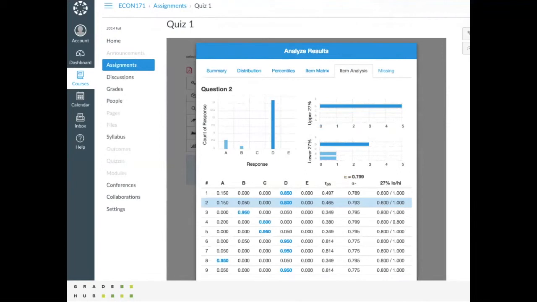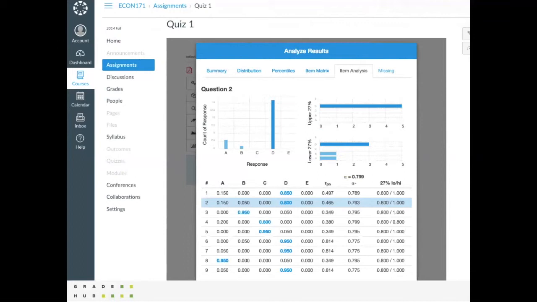I was wondering if you could go through just question 2 here that I've highlighted and give us some of your insights on how you would read all the information on this graph. Sure, there's a lot of great information here. First, on number 2, you can see all the numbers in terms of the distribution of the score responses.